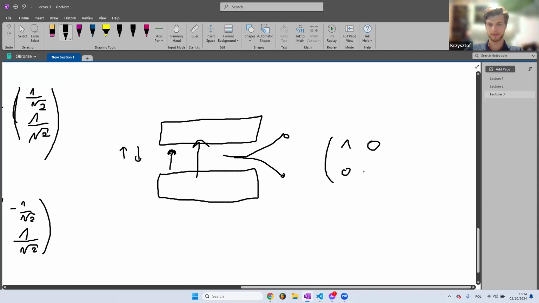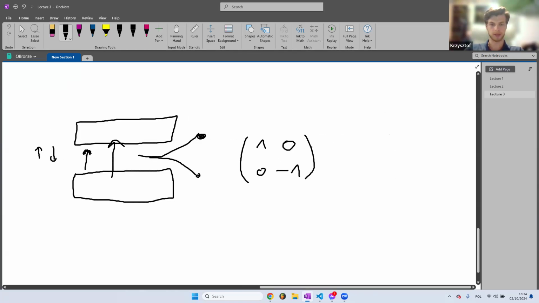So we have two possible outcomes of the experiment, right? In one circumstance, the eigenvector is, as we said, 0, 1, which is 1 times 0, 1.